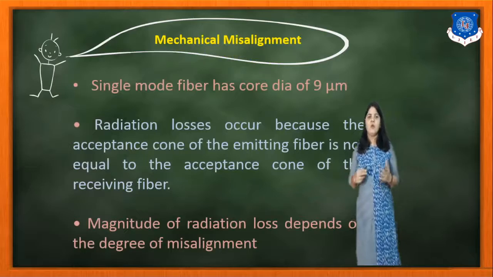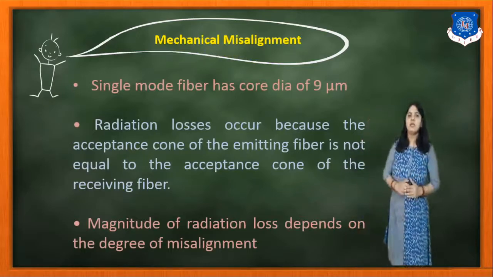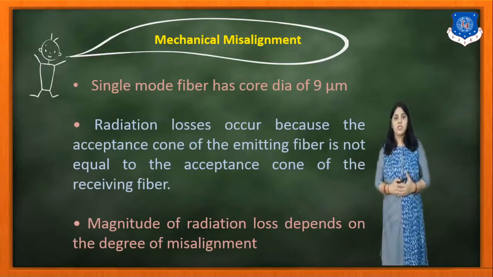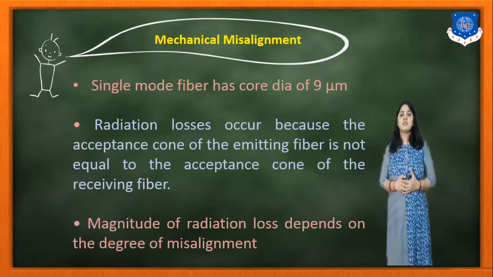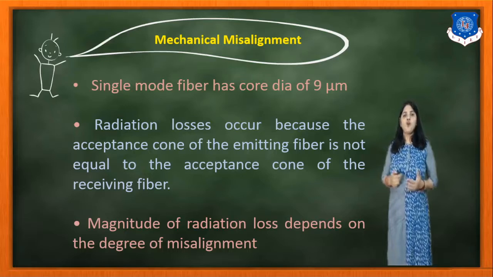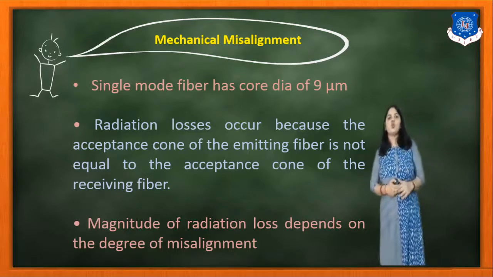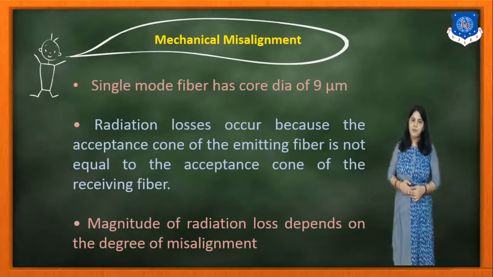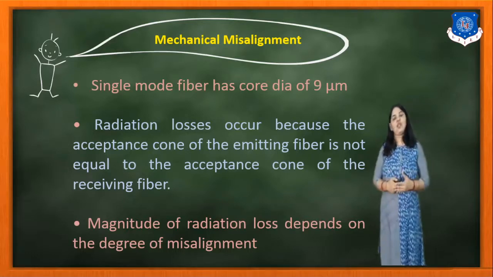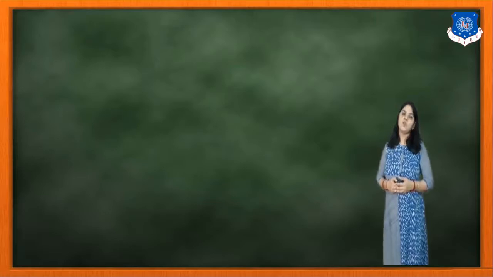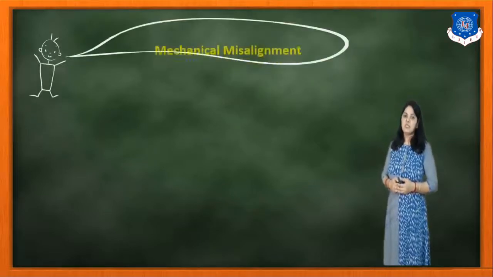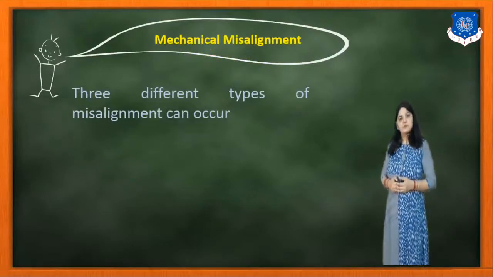A single mode fiber has a core diameter of 9 micrometers. Radiation losses occur because the acceptance cone of the emitting fiber is not equal to the acceptance cone of the receiving fiber. So the magnitude of the radiation loss depends on the degree of misalignment.